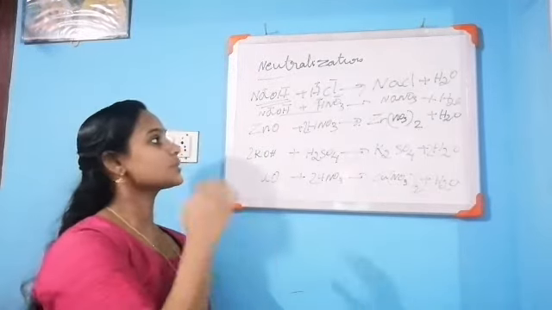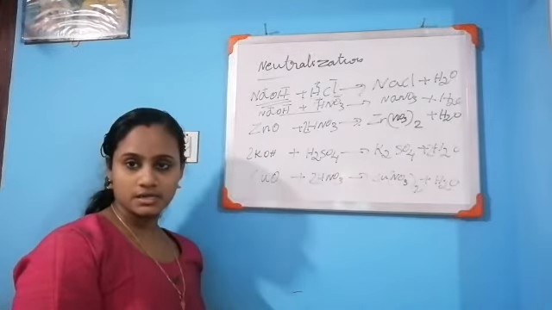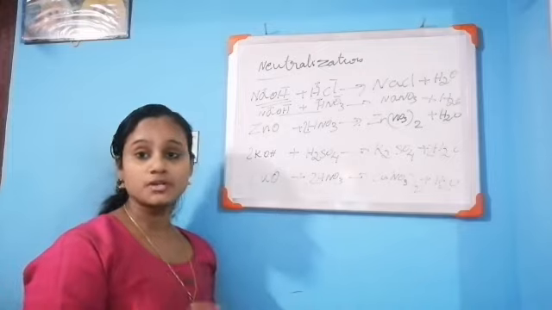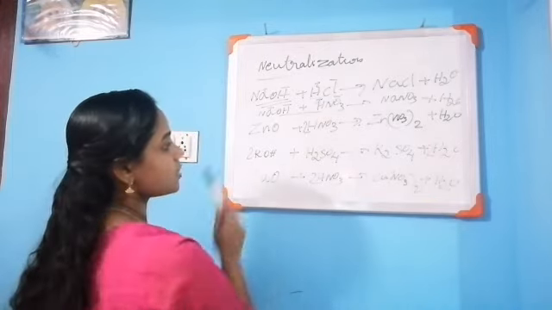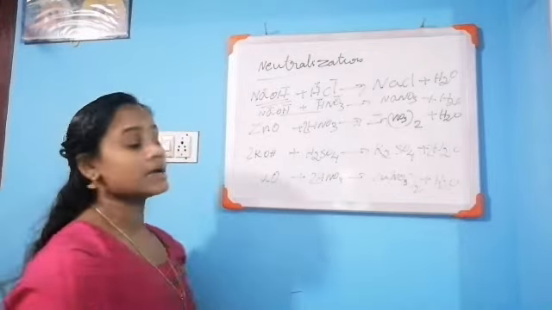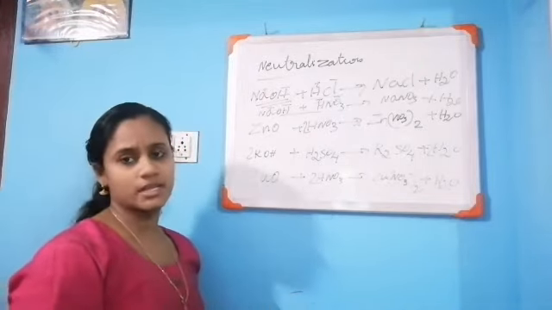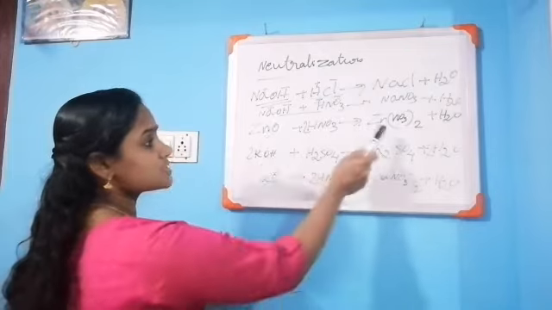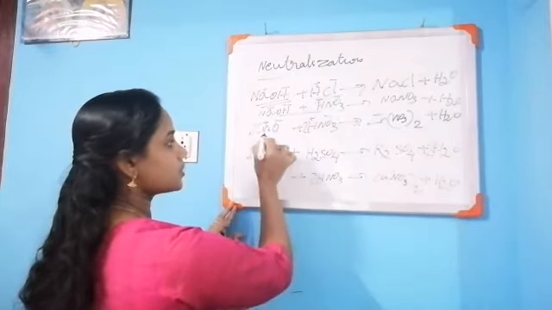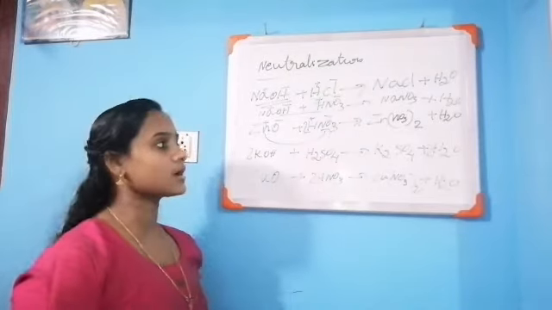Clear now? So sodium hydroxide reacts with acid. That means one base reacts with acid to produce salt and water. Another example, zinc oxide. Zinc oxide is also a base or alkali. It reacts with nitric acid or sulfuric acid to form zinc nitrate. Positive combines with negative ions.